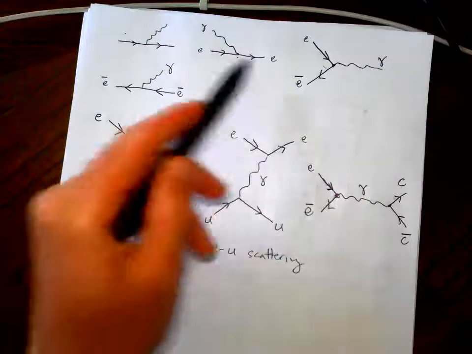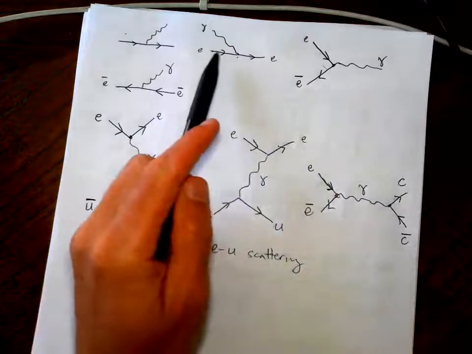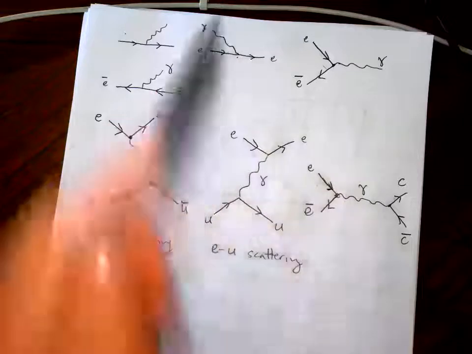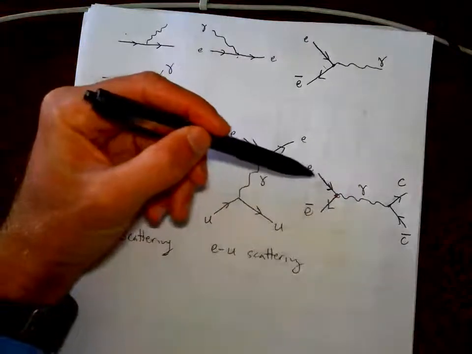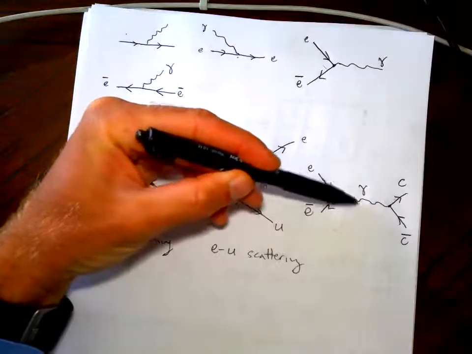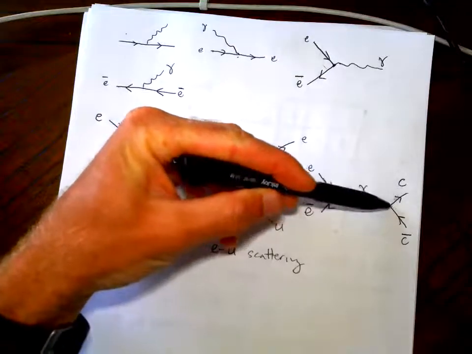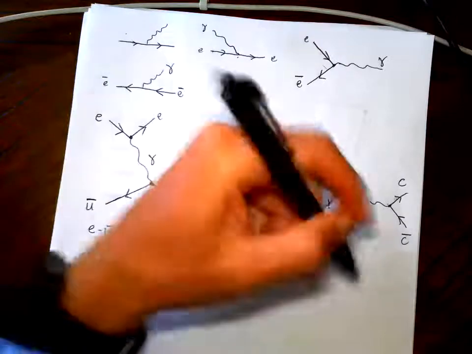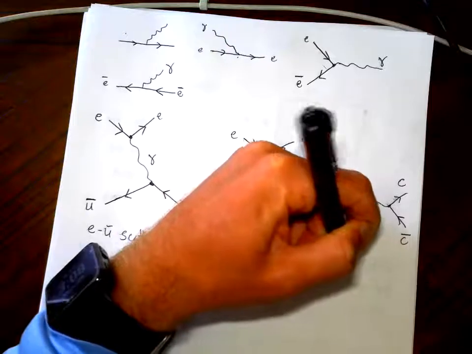So one of them could be an anti if the arrow is bent backwards, but you have the same type, and then you have a force carrier. Okay, so what do we have here? We have an electron and an anti-electron come together. They transform into a force carrier, and then the force carrier splits up into a charm quark and an anti-charm quark. So this type of diagram I would call pair transformation.